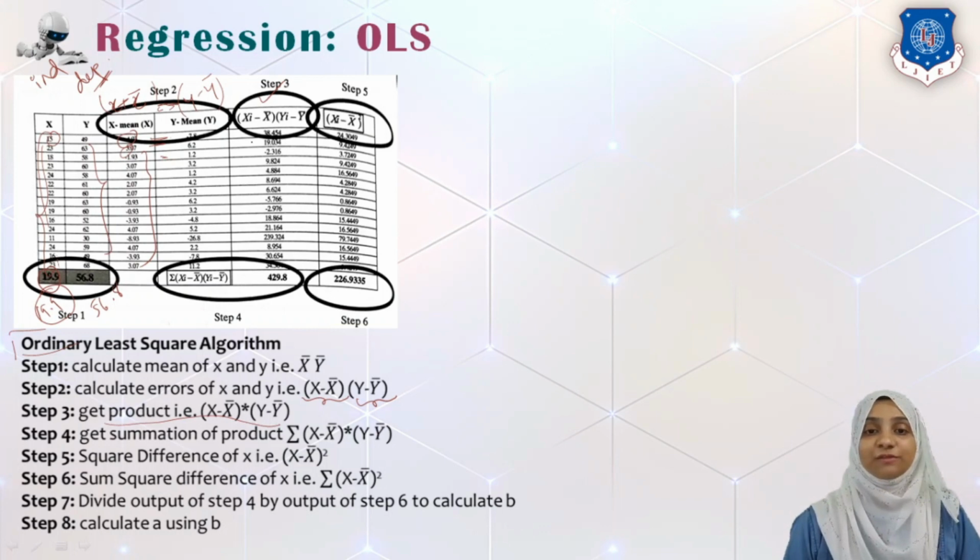Now we will sum this product, and we call it the sum of product, or our numerator term SP. The summation of this product, that is, the summation of x minus x bar into y minus y bar, is SP, which is calculated and kept aside. Now, we already have x minus x bar, so we will take its square. This particular column is x minus x bar squared, and hence we take the square of individual values, and at the end we take the sum.